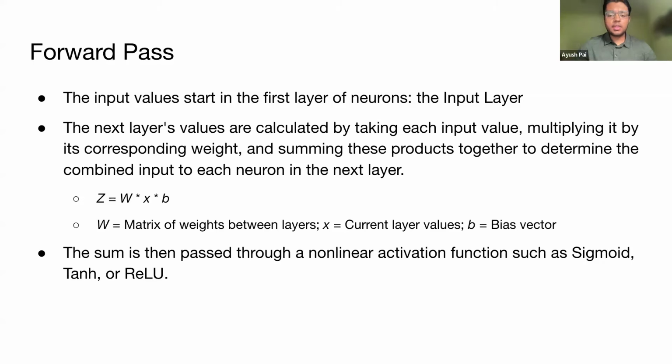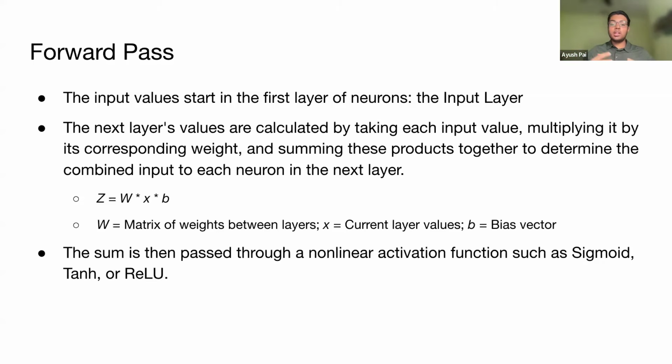Then Z is passed through a nonlinear activation function. Activation functions include something like a sigmoid function, tanh, or relu, which means rectified linear unit. It introduces nonlinearity into the model, which allows it to learn complex patterns and relationships in the data.